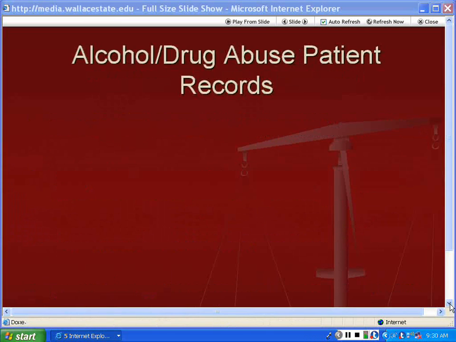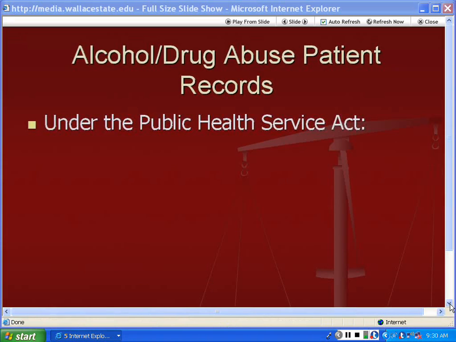Now, alcohol and drug abuse patient records. We talk about this in several classes, but with the alcohol and drug abuse patient records, until HIPAA came along, this was one of the very few instances in which the federal government actually had any rules or laws on the books regarding medical records.